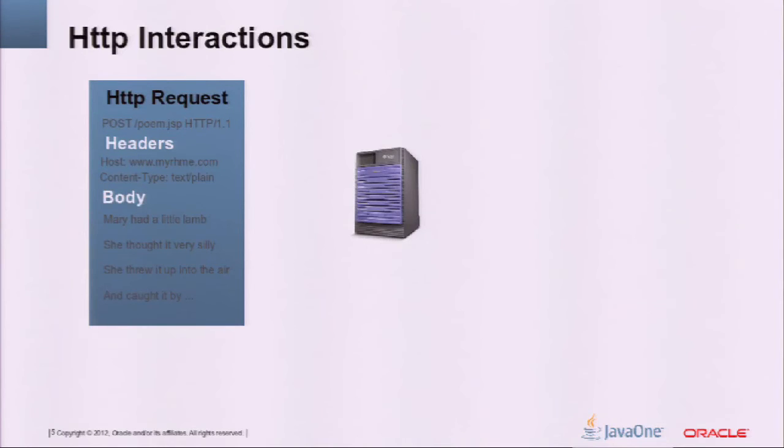So I know everyone here has used HTTP, probably 80% of people in the world have used HTTP, but just to frame things, I thought it was worth reminding ourselves of the basic form of an HTTP interaction, as defined by the IETF RFC. An HTTP request with request properties. Here's just a simple POST to poem.jsp.